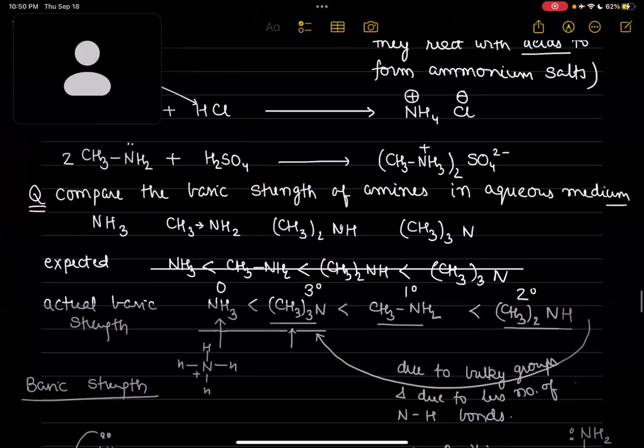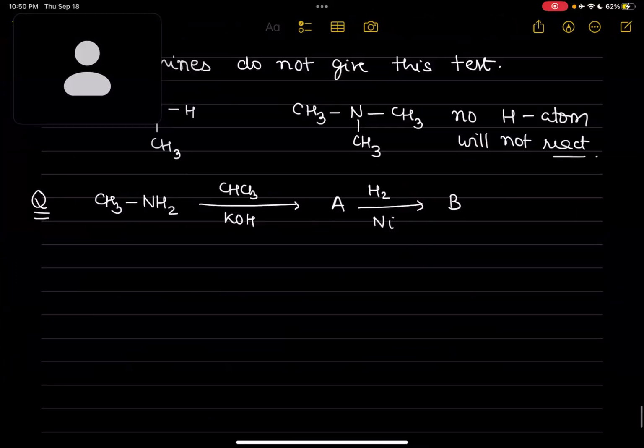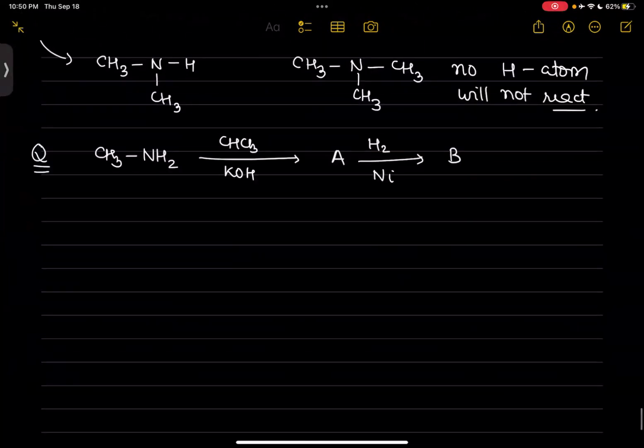It is the isocyanide test. Isocyanide test, primary amines when treated, in words you can write, very, very important: primary amines when treated with chloroform in the presence of base form a foul smelling substance.